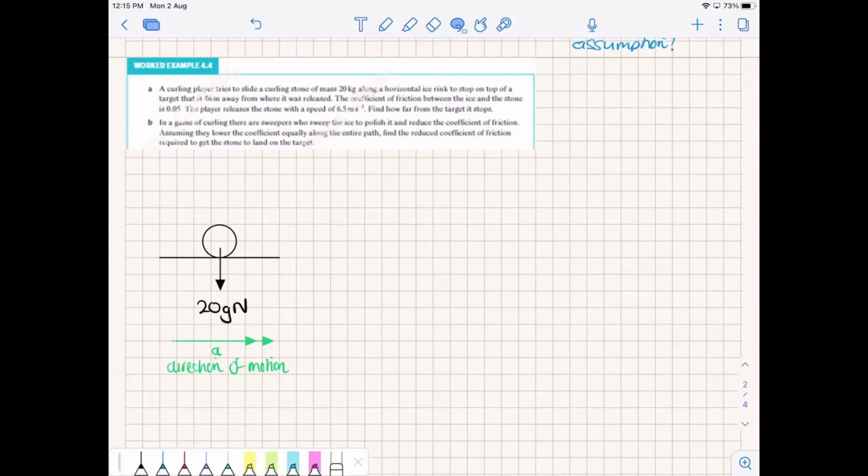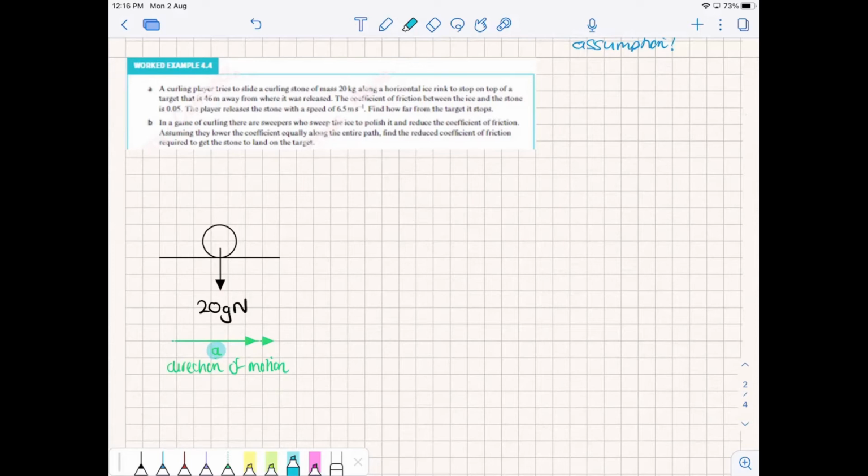The player has released it, so there's no more constant force pushing it. This tells you that our object isn't going to accelerate, it's going to decelerate. However, to make life easier, we're going to keep our acceleration in the same direction as the direction of motion. It's just easier to keep everything going in one way.